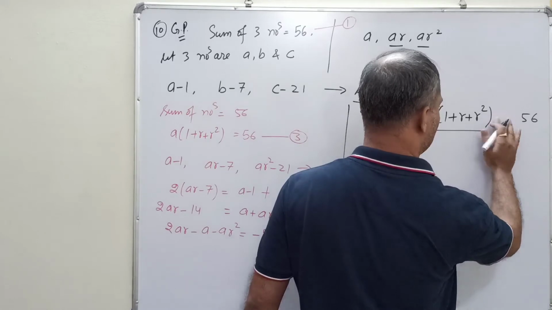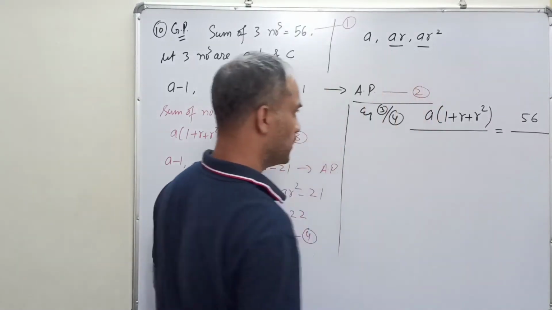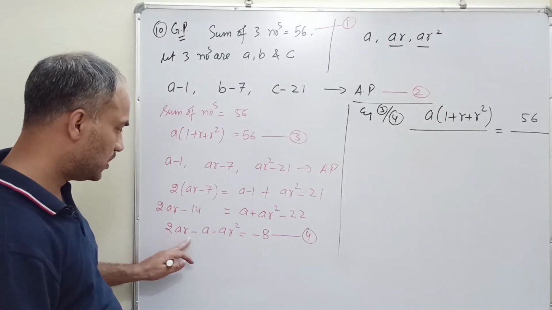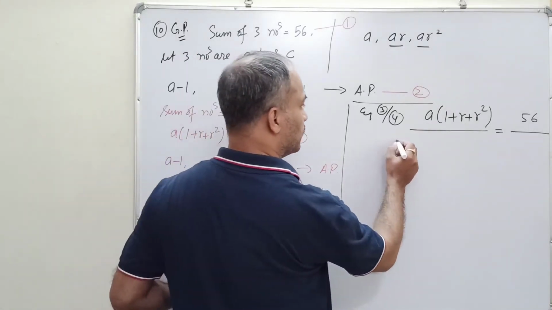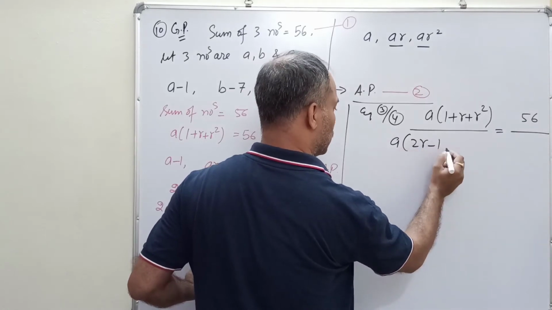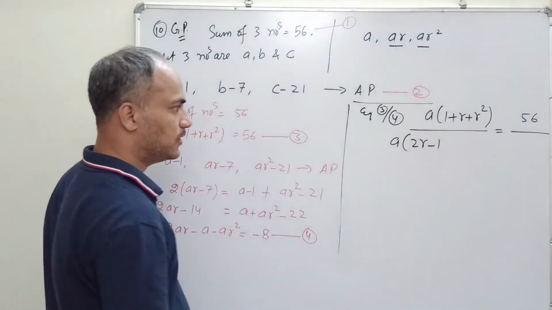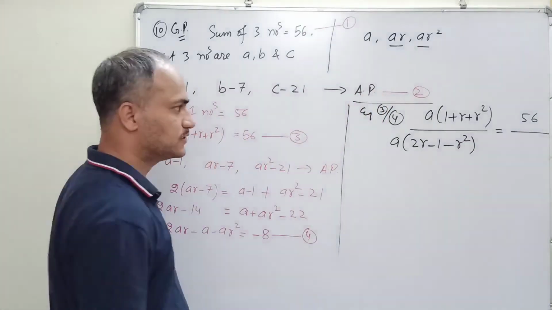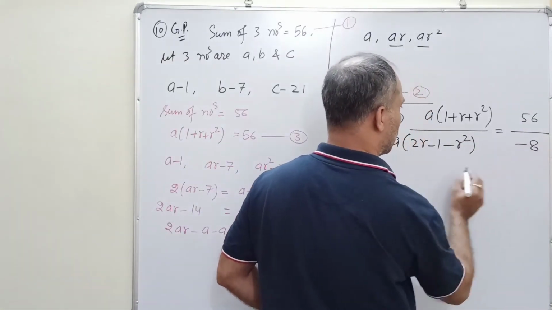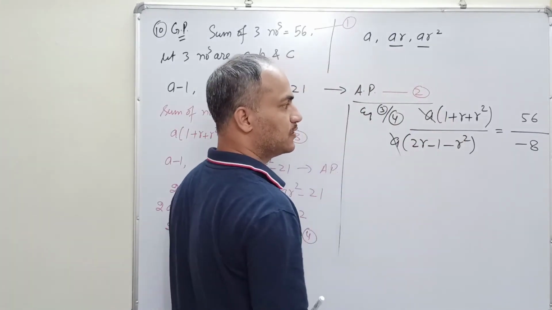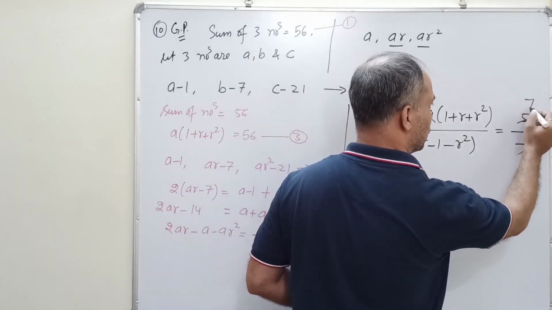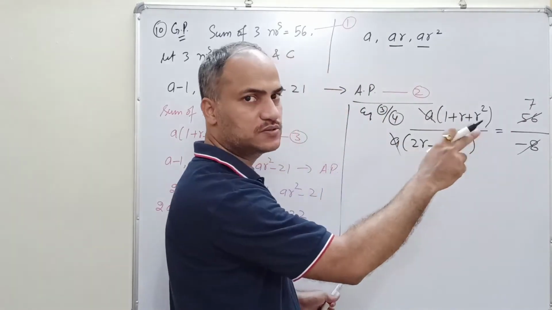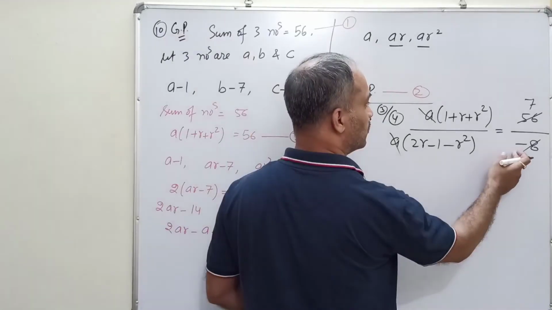Here we take A common, so it becomes 2r minus 1 minus r square, equal to minus 8. The A cancels, and with 8 we cancel, this becomes 7, and only R is left here. So on simplification we can easily get R.